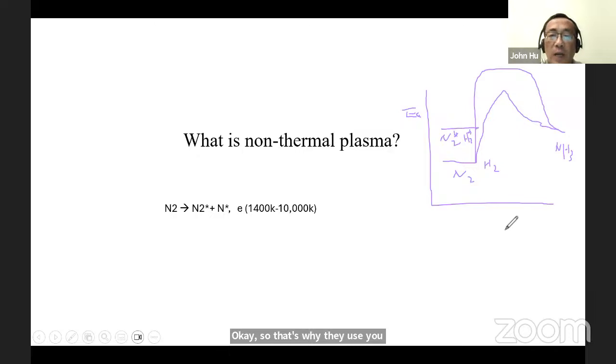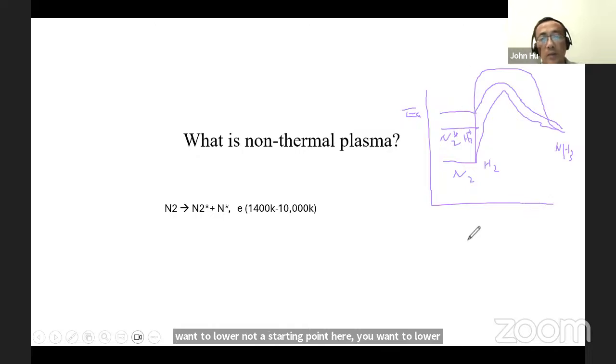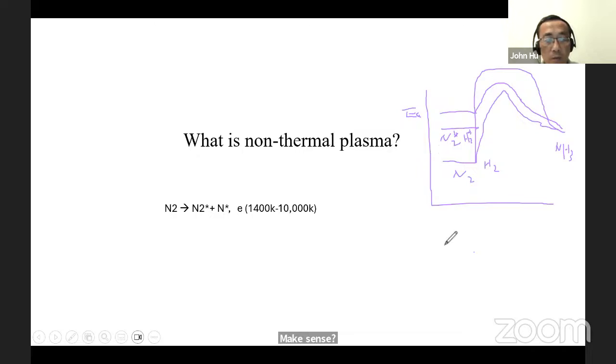So it's a different way to activate. If you have plasma and catalyst, your starting point is here. That's why in the so-called plasma catalytic reactor they have a catalyst in there, because you want to lower the activation energy. Make sense? Okay, I'm going to stop here.